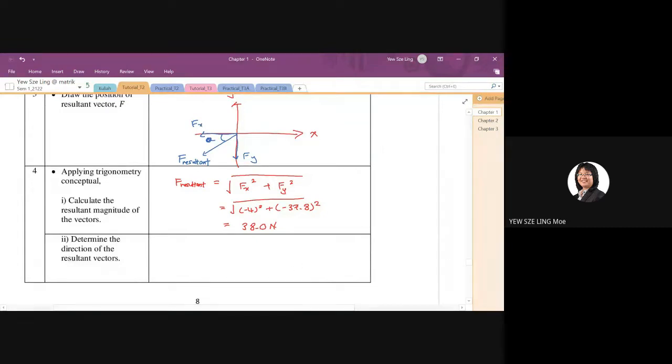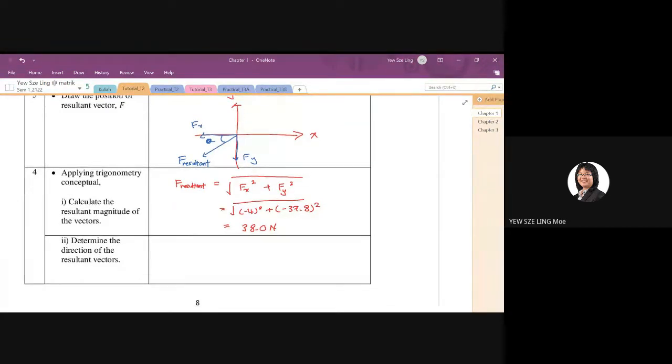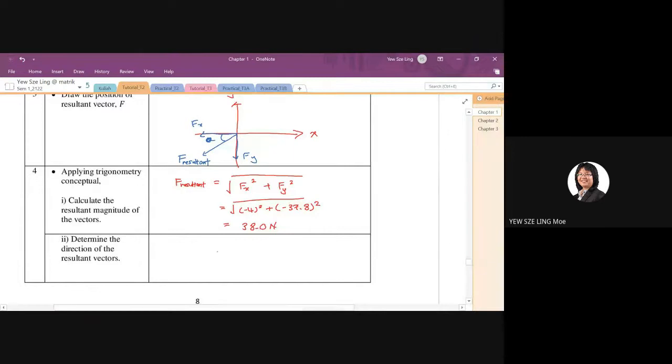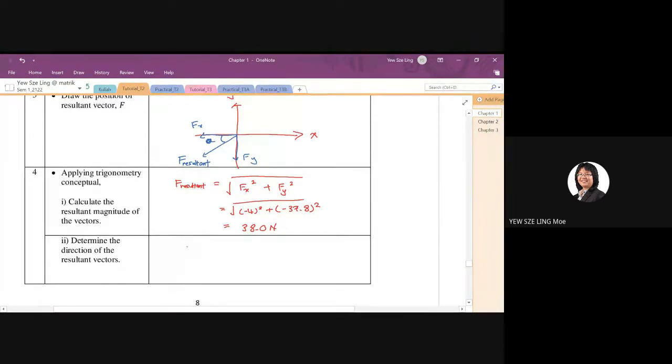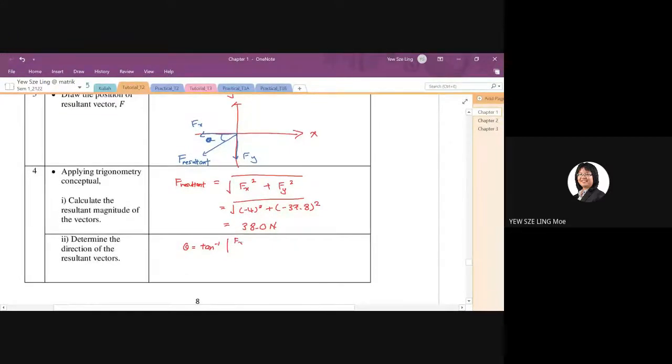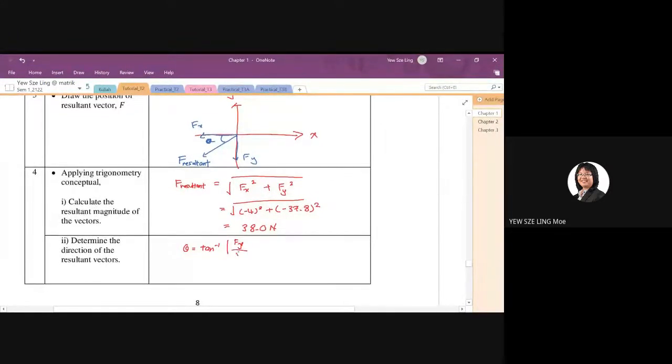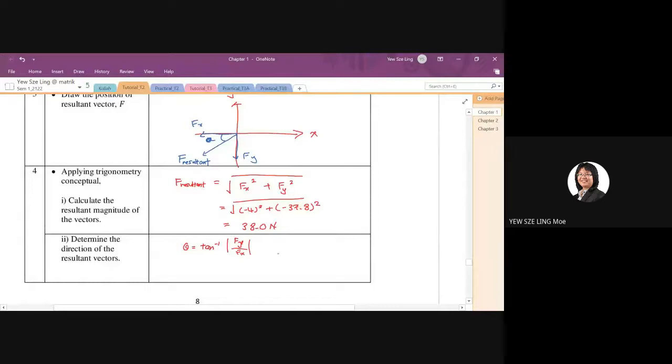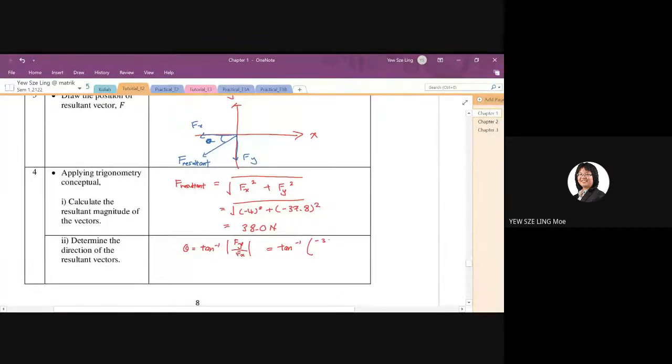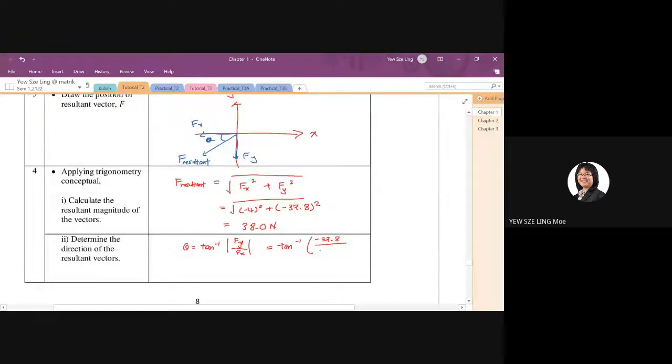And then the direction. For direction, we always use tangent theta. So we have theta equals tangent inverse of the modulus of Fy over Fx, which equals tangent inverse of negative 37.8 over negative 4.